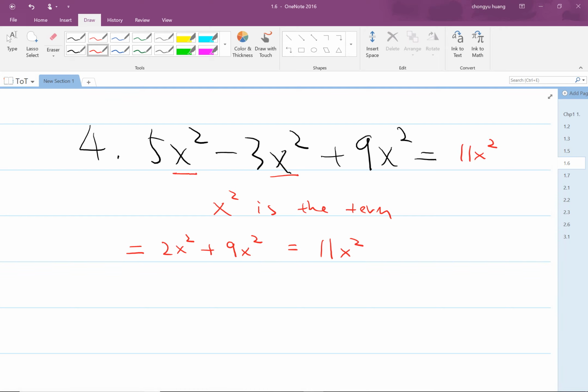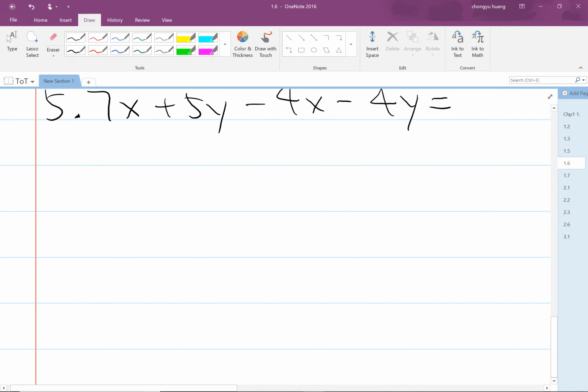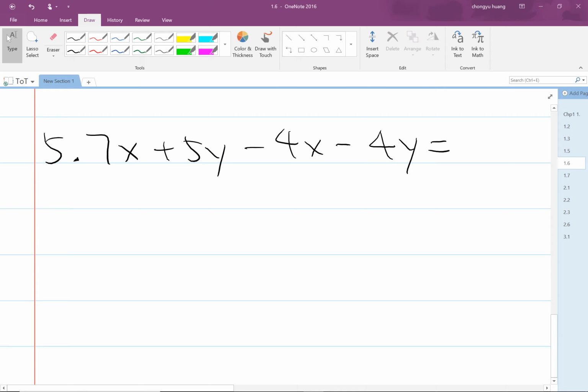Let's move into question 5. What you can see in this question is some different terms. There's a 7x, and over here there's a negative 4x.